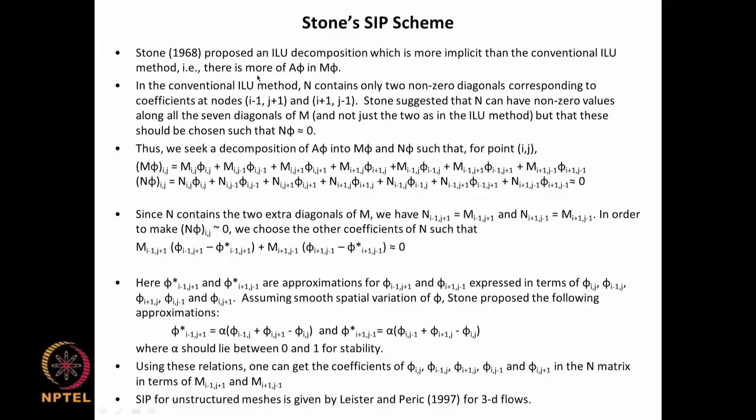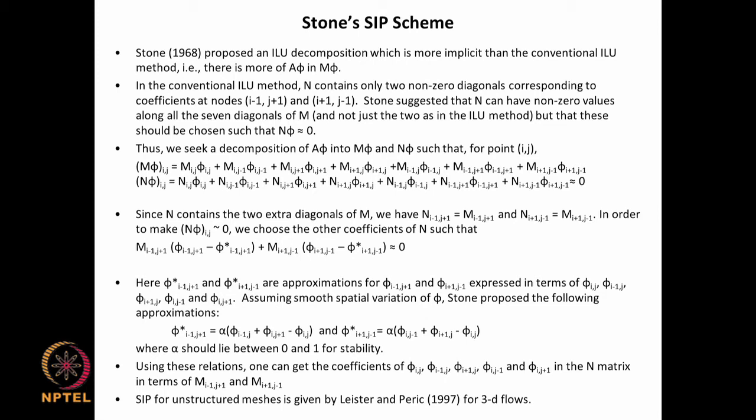In the incomplete LU decomposition, we have an efficient method if we impose the condition that only those non-zero diagonals of A must also appear in the L and U. That gives us the product of L and U with two extra diagonals, which are then put into N, so that you have M which contains 7 diagonals, A which contains 5 diagonals, and N which contains the other 2 diagonals.